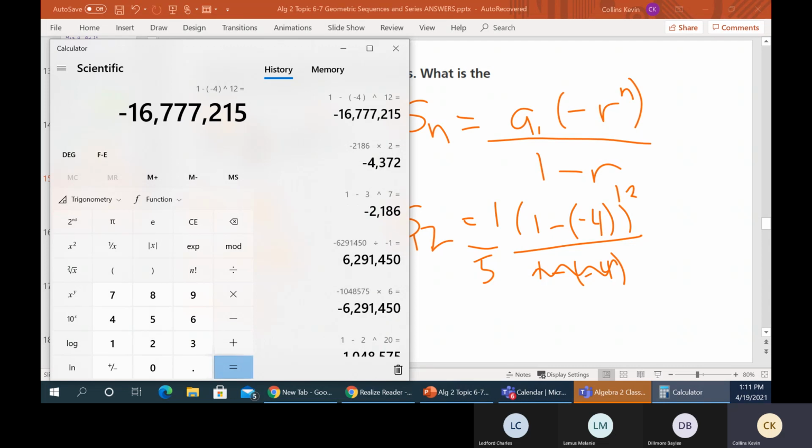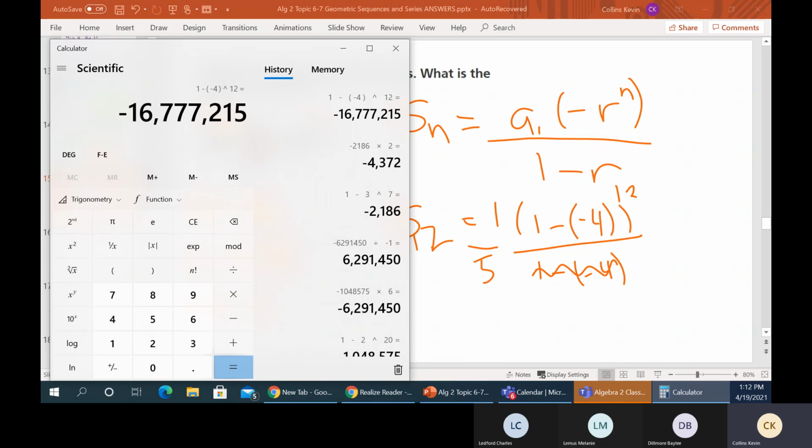This is okay, because if you have a negative number and you raise it to the 12th power, that's 12 negatives in a row. An even number of negatives gives you a positive answer. So it's 1 minus a very big positive answer, in this case 16, almost 17 million, right?